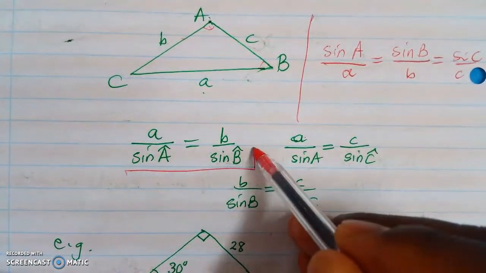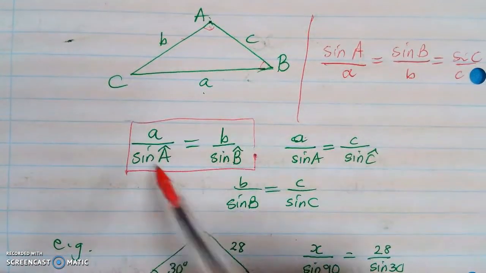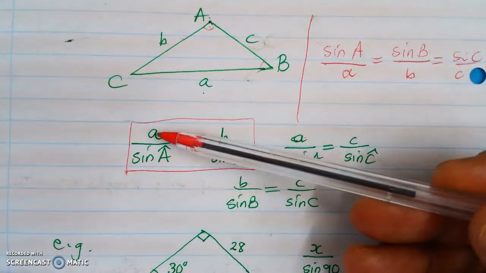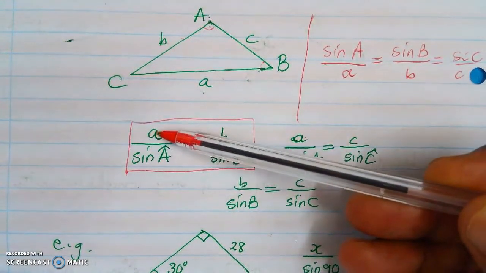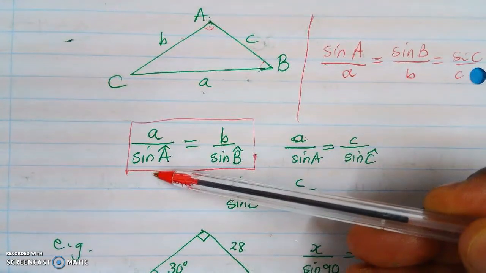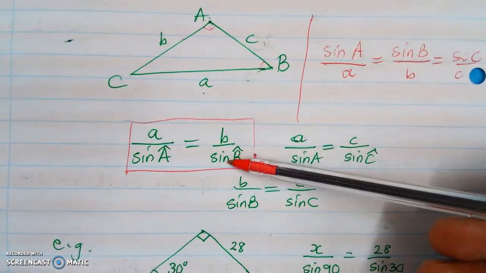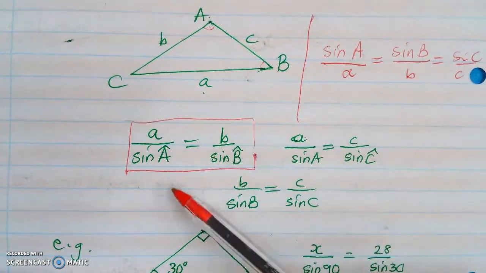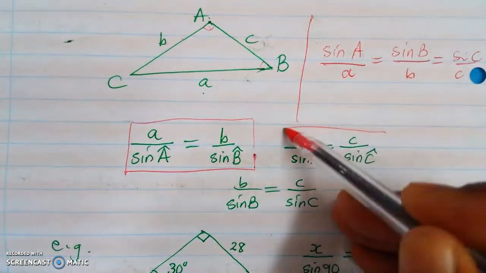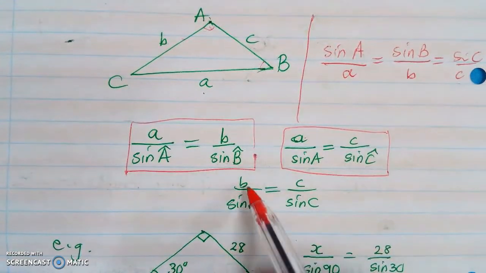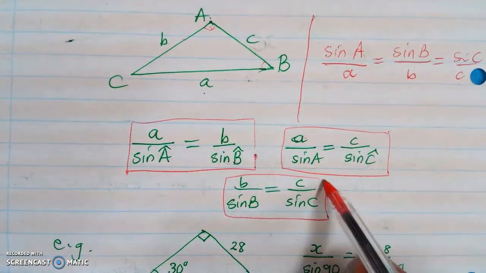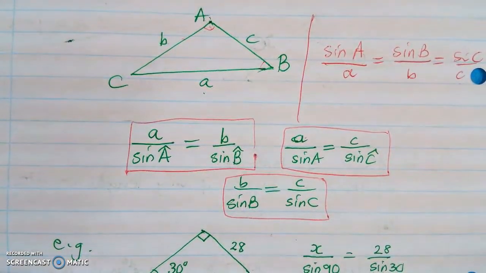You can write the length on top, divided by sine the angle. Or you can pair up A and C like this, or you can pair up B and C. So whichever is going to work.